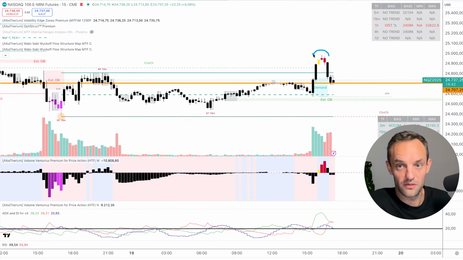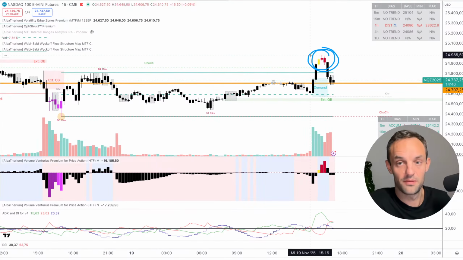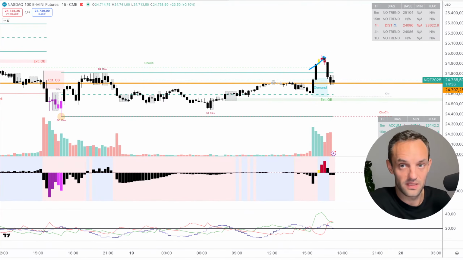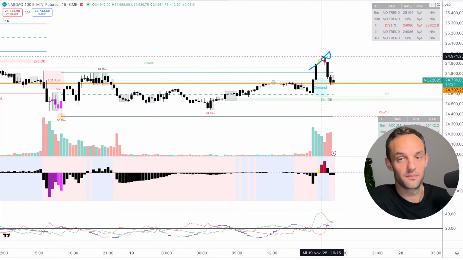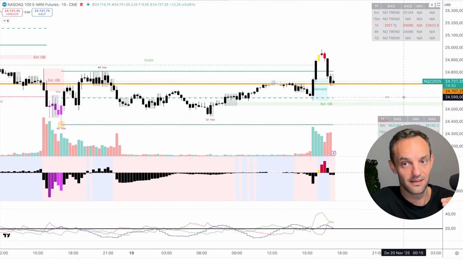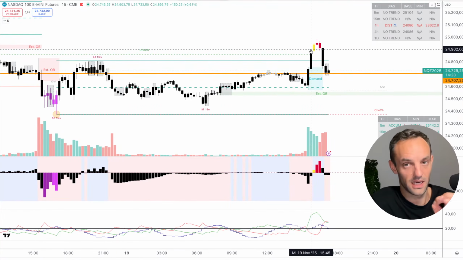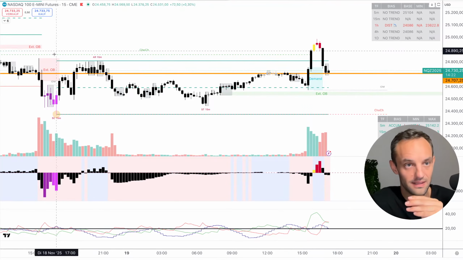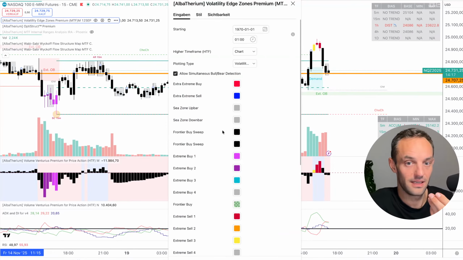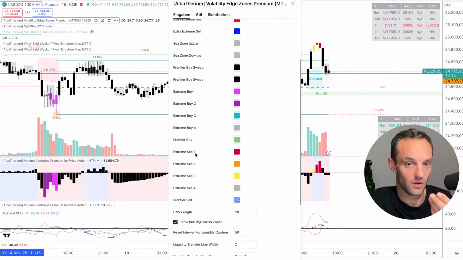Same in the other direction. Here at this top today on the 50-minute chart, we had aggressive market participants pushing, the market orders moving the price, and on the other side, sell orders got liquidated, sell positions got liquidated. And this is why we have it here in the other direction.